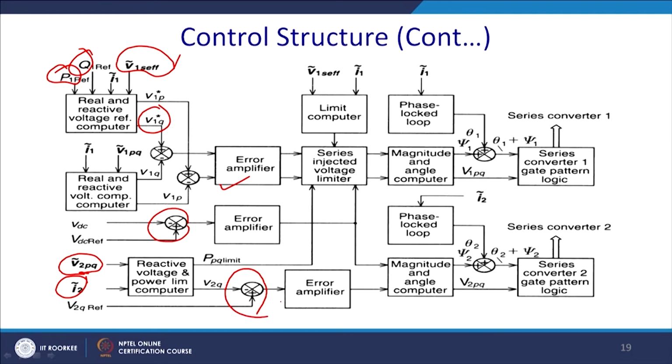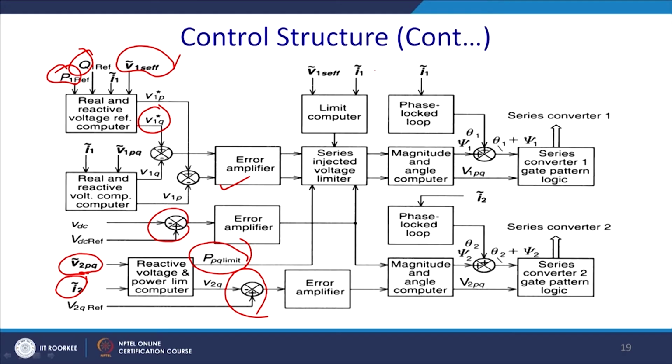Since the second converter can inject independently, it can control the reactive power, so this logic will be the same. But for the real power, it is limited by the power handling capability, thus it will have a PQ limit, and that will be fed to the sense inject voltage limiter. So, essentially it will be fed to the PI controller.